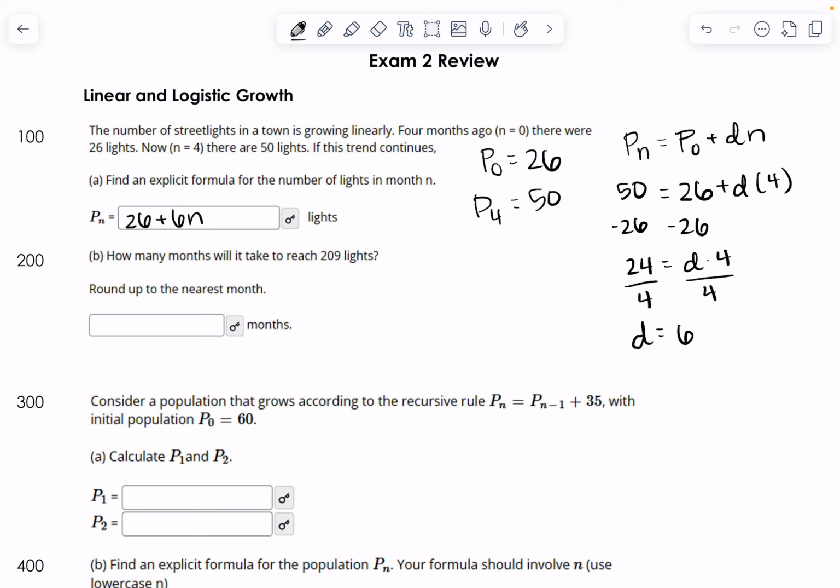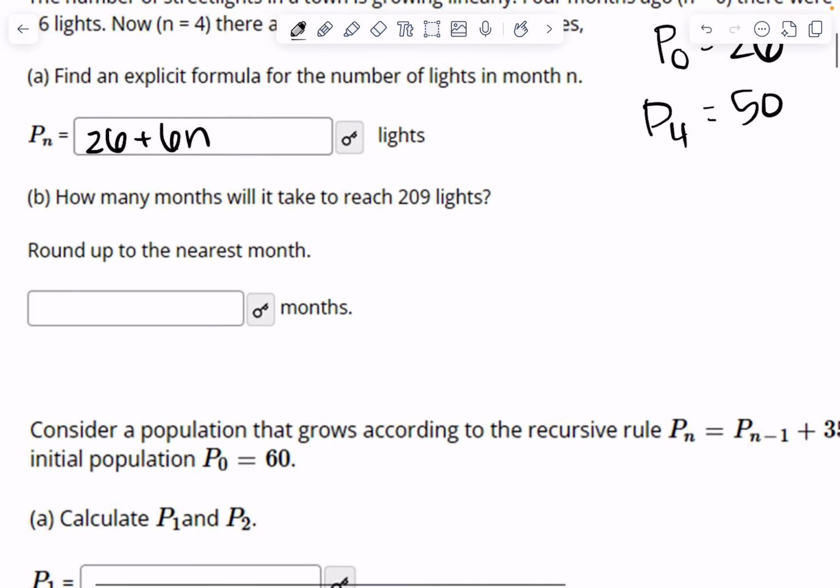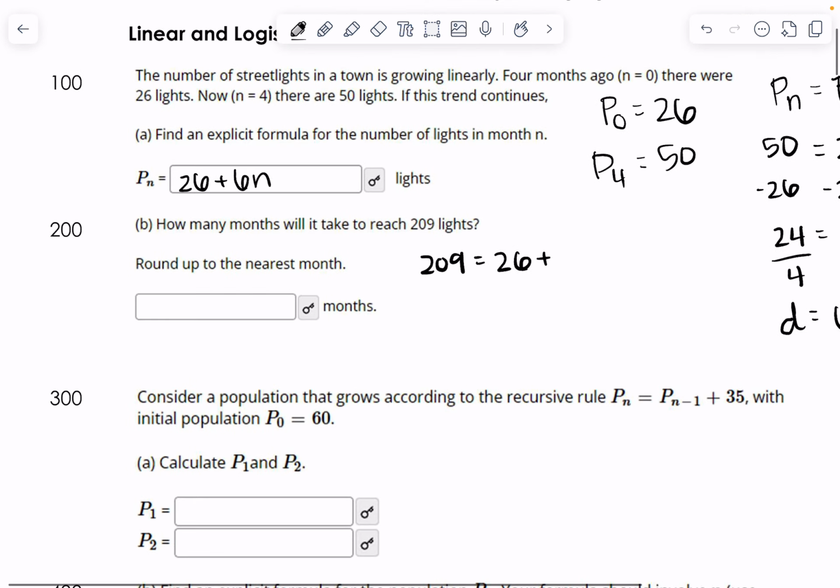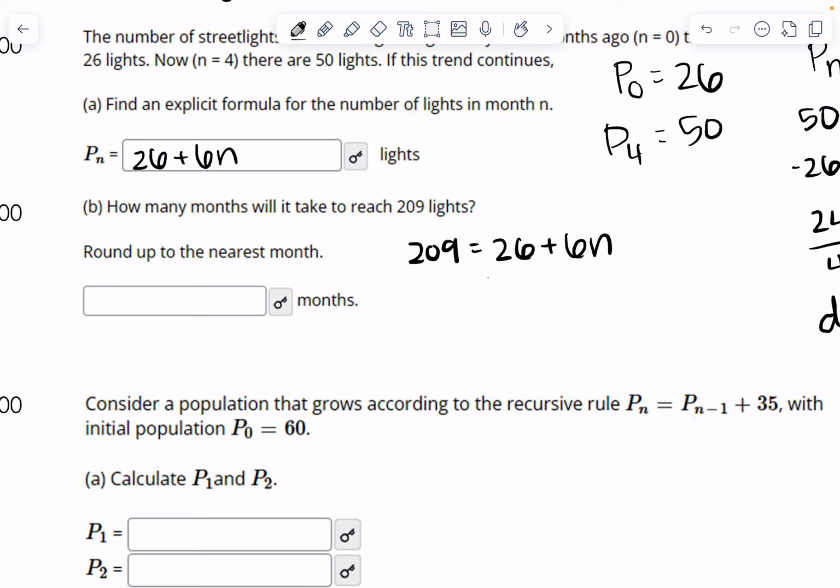And then how many months will it take to reach 209 lights? We just set that equal to 209 and we're solving for N. This says 30.5.